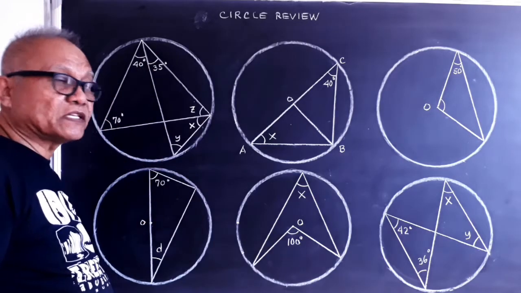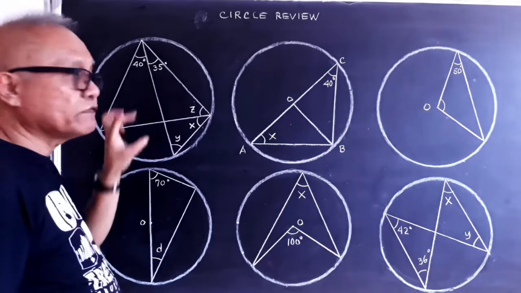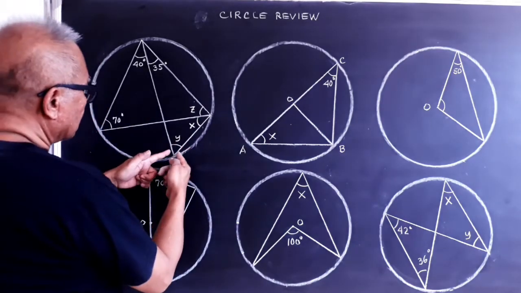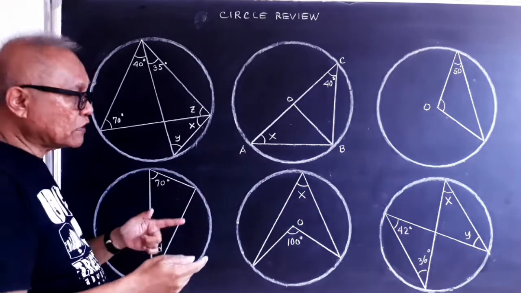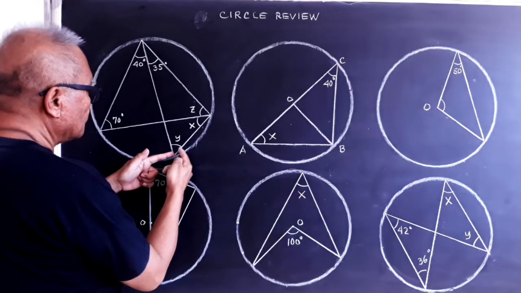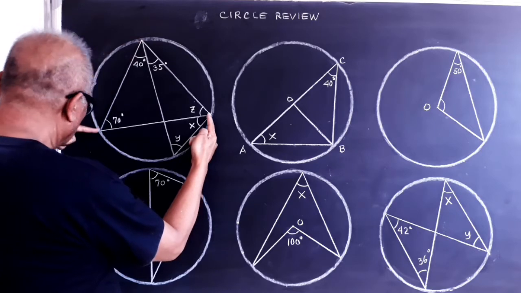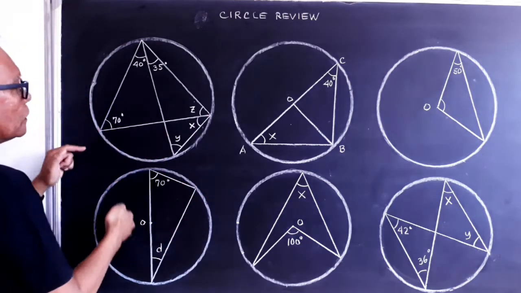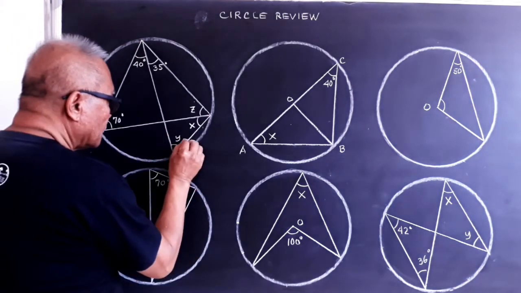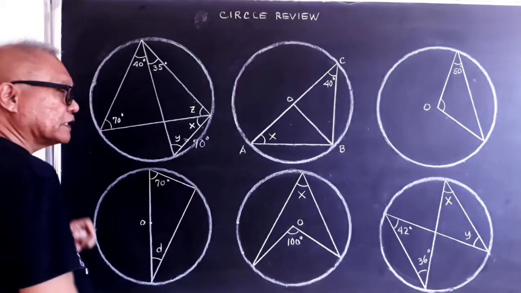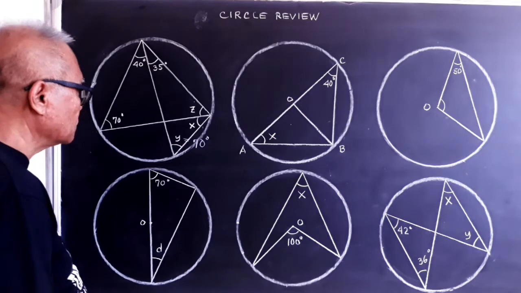There are so many subtended angles here. We don't have a central angle. So let's start. Let's find Y. So there, here, here. Okay, Y is 70 degrees without computation.